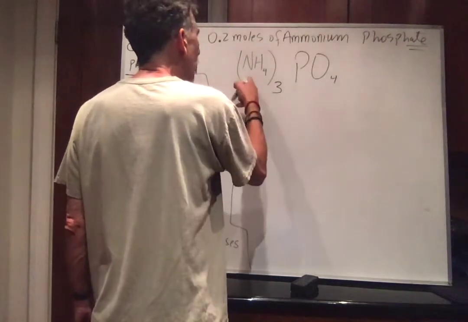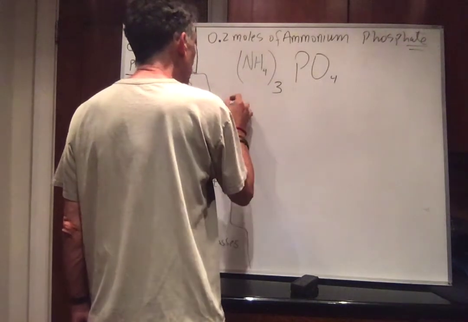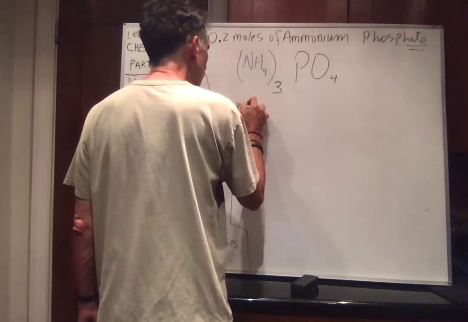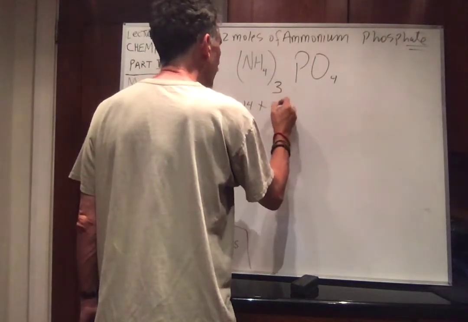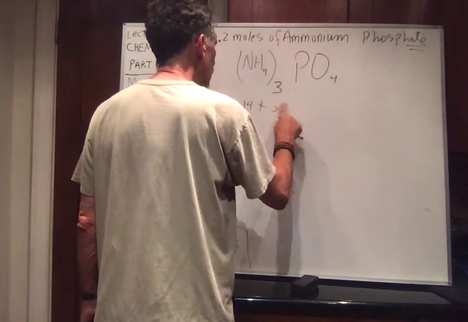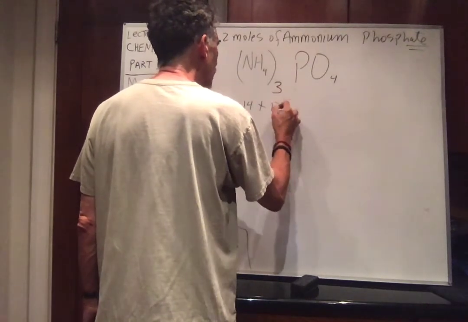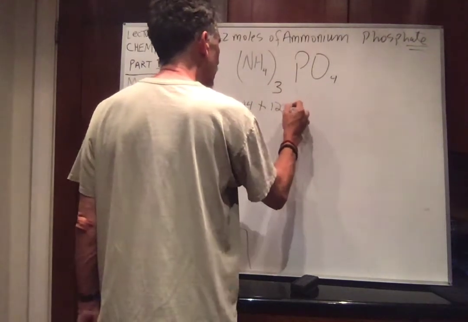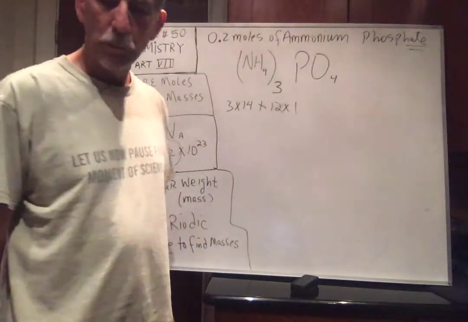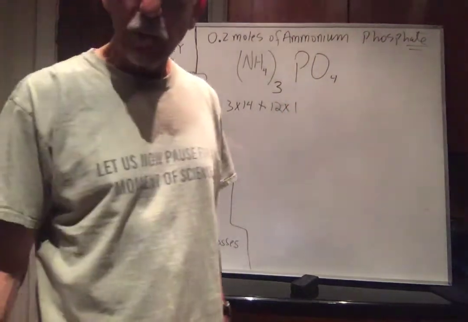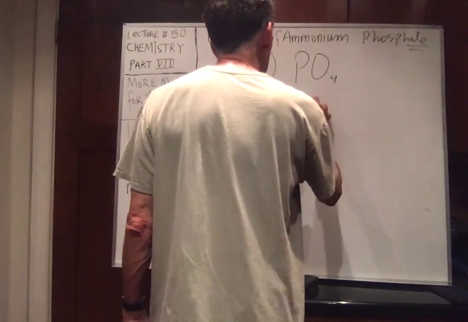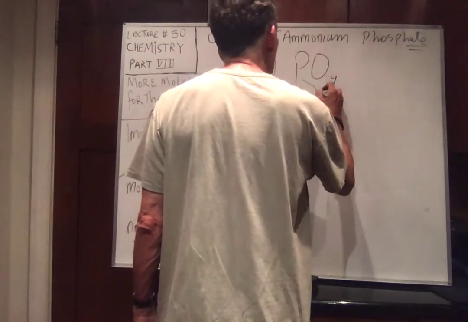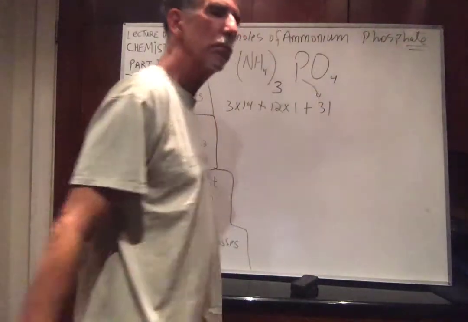So we have 3 times nitrogen. If you look up nitrogen, I think it's 14, plus 3 times 4 is 12 hydrogens, but hydrogen has a mass of 1. Okay? Phosphorus is what? Is 31, I think. So if we round phosphorus off, it has a mass of 31 atomic mass units.